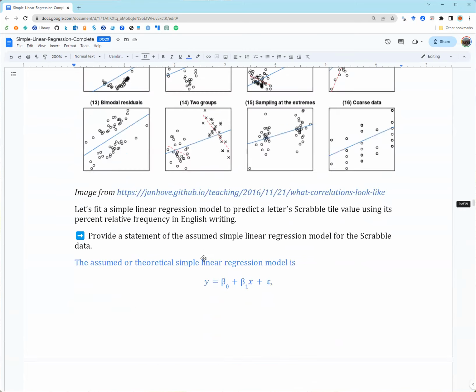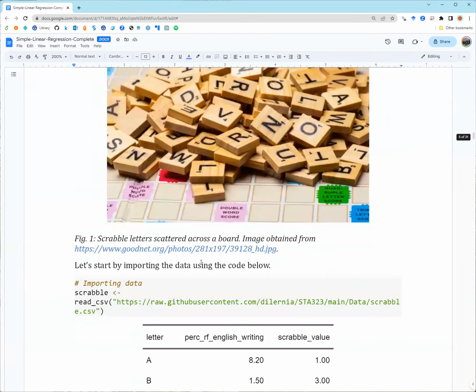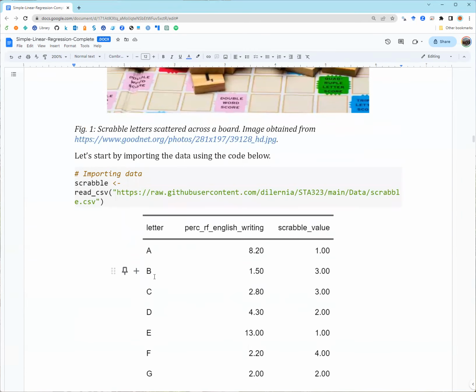If we scroll up to look at the data, in the 5th row is letter E. Letter E has a Scrabble point value of 1, and it has a relative frequency in English writing of 13%.